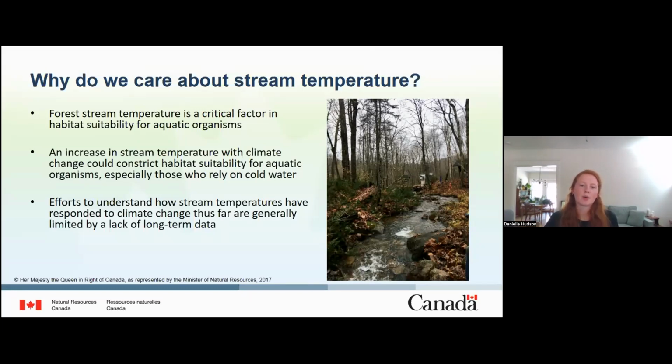It also plays a role in ecosystem productivity and a range of processes, but there are concerns about how these temperatures are going to respond to climate change, especially for cold temperature species, where we could see a restriction of their habitat potentially. However, efforts to identify exactly how stream temperatures will respond to climate change are generally limited by a lack of long-term stream temperature data sets. And this understanding is necessary if we want to manage our forests sustainably going forward.